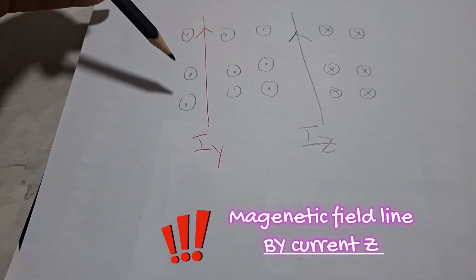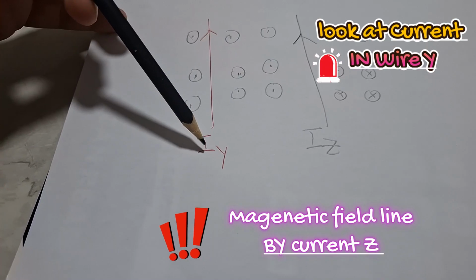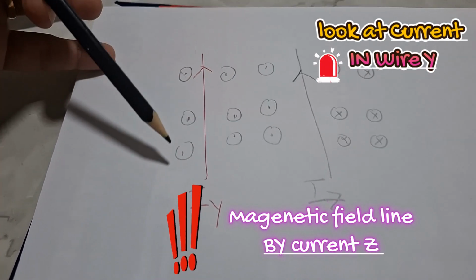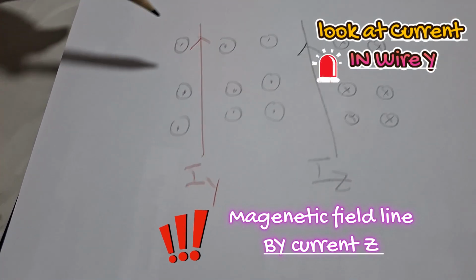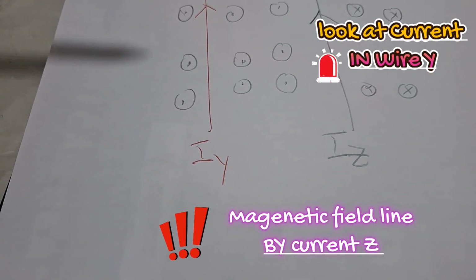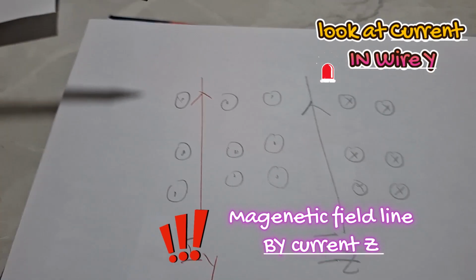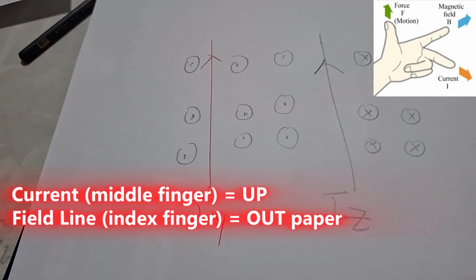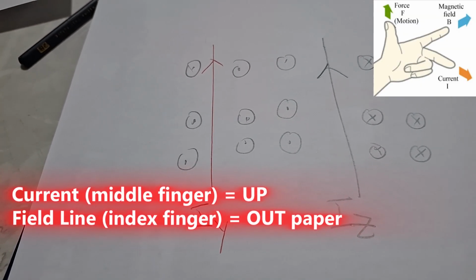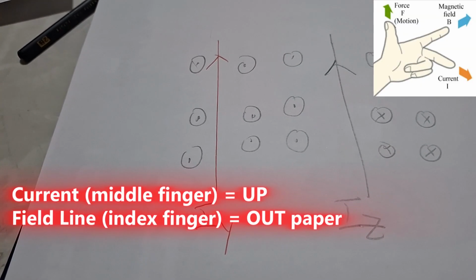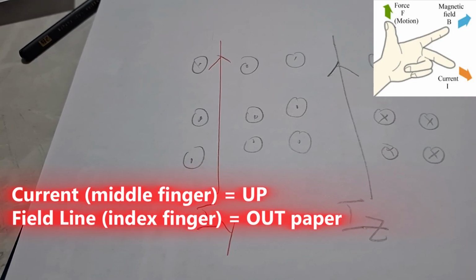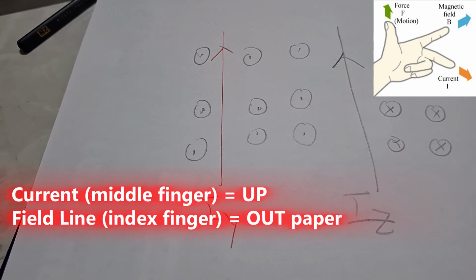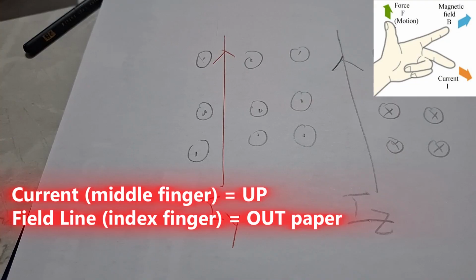Let's take a look. The current in wire Y is going upwards. The field line it experiences due to wire Z is out of the paper. If you apply Fleming's left hand rule on wire Y, the index finger, which is the field line, will be pointing out of the paper, and the current on wire Y will be upwards, so the middle finger will point up.